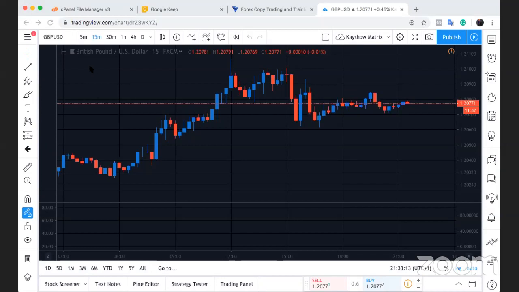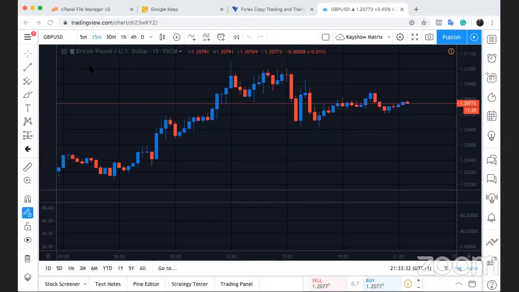And we have pairs. You don't trade one currency. You must trade a currency against another currency. So you cannot come to the Forex market and say, I want to trade dollars. The first question they will ask you is, dollar against what?